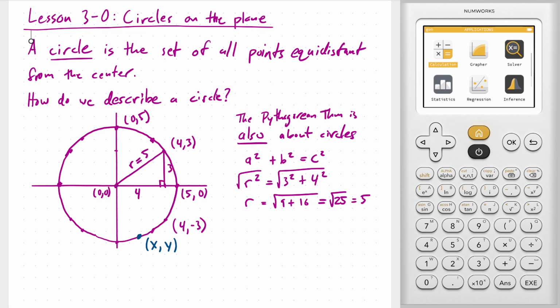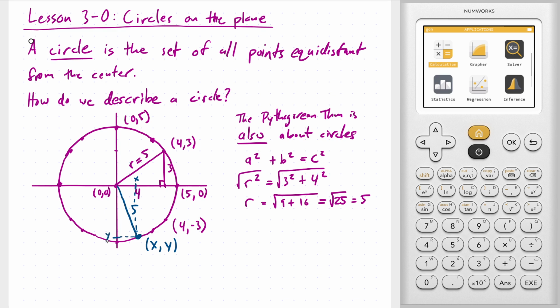Now, I don't know the coordinates of that point, but what do I know about it? Well, since it's on the circle, I know that it is 5 units away from the origin. What follows from that is, by the Pythagorean theorem, keep in mind here that we have the x value, that goes right there, and I have the y value.